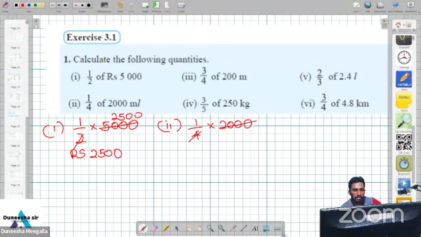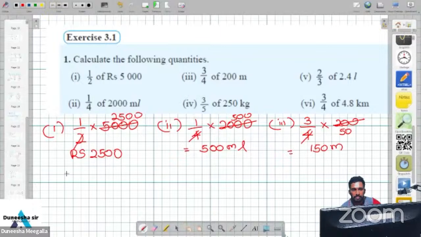Okay. It's 500 milliliters. Okay. Third one, 3 over 4 have to multiply by 200. Then there are 50. Then 3 multiplied by 50 is 150 meters.